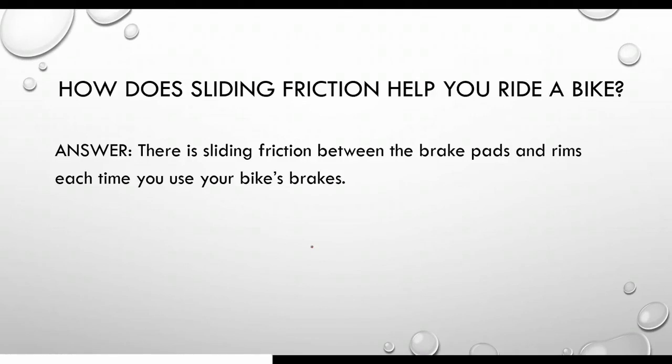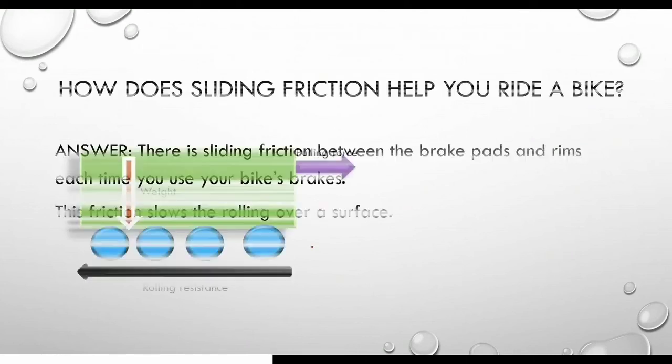So between the brake pad and the rim, there is friction. As I said, when there is an instant brake, it slides. This friction slows the rolling over a surface.